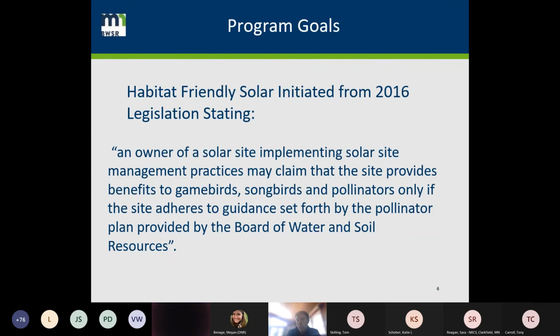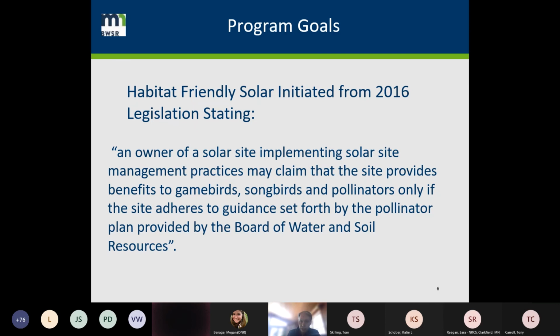So in 2016, there was state legislation focusing on habitat solar projects. The legislation stated that an owner of a solar site can claim that they are providing beneficial habitat to game birds, songbirds, and pollinators only if they're meeting standards developed by the Board of Water and Soil Resources.